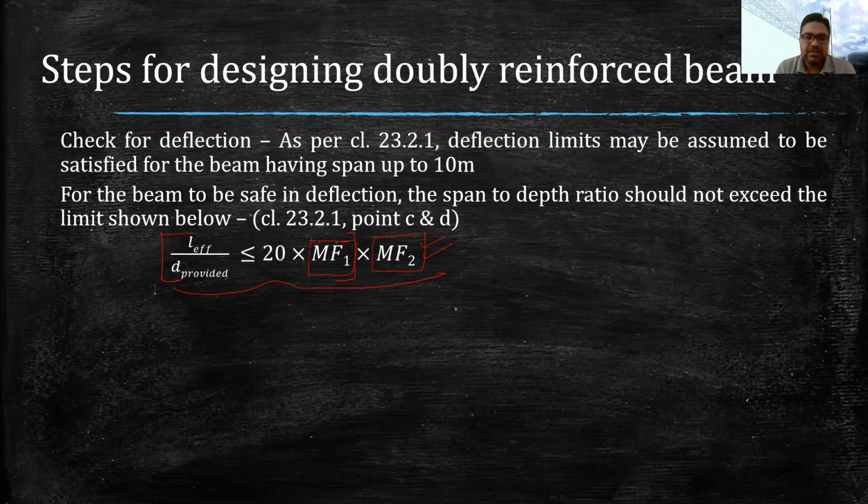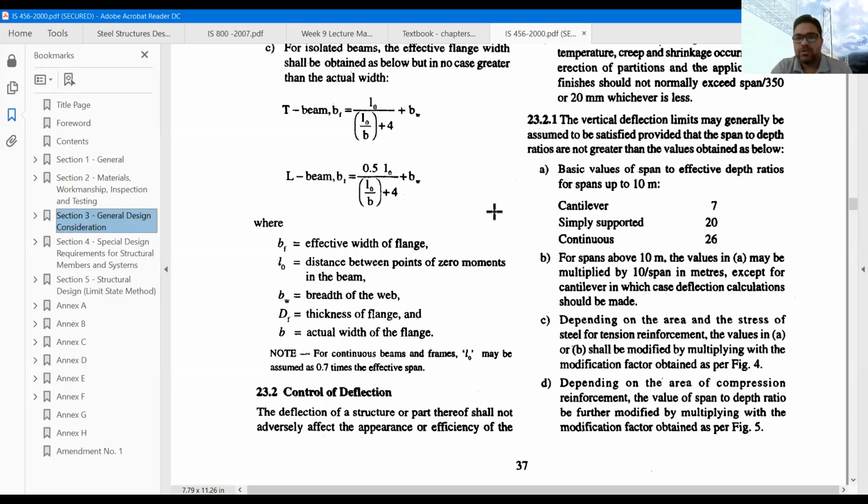This relation is actually explained in this clause under points C and D. I will show you that in the IS code also. On page number 37 of the IS code, you will find clause 23.2.1, which explains the deflection limit check.